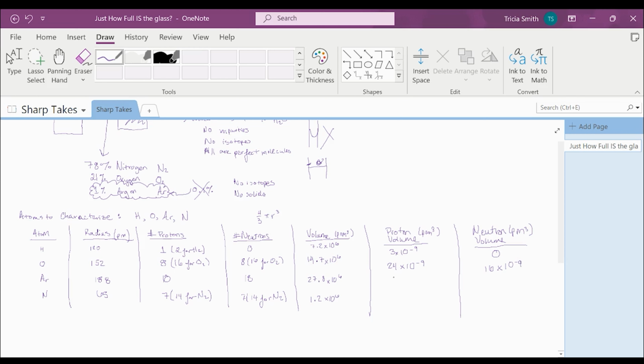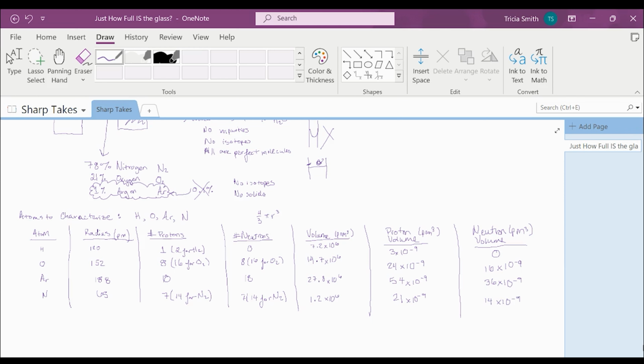Argon, we have a proton volume of 54 times 10 to the negative 9 and a neutron volume of 36 times 10 to the negative 9. Lastly, with nitrogen, we have a proton volume of 21 times 10 to the negative 9 and a neutron volume of 14 times 10 to the negative 9.